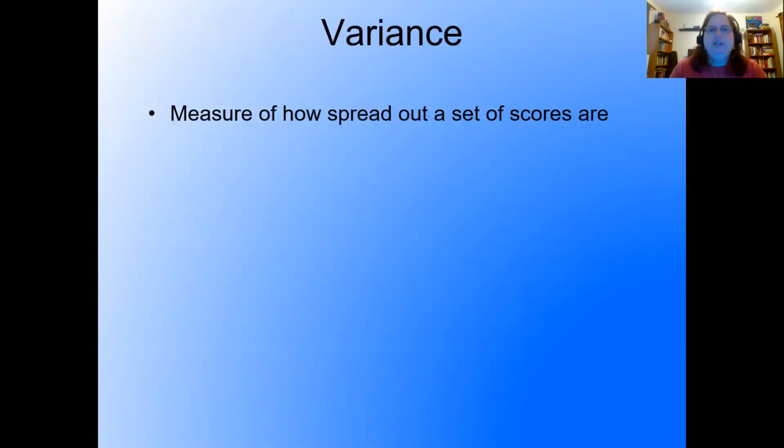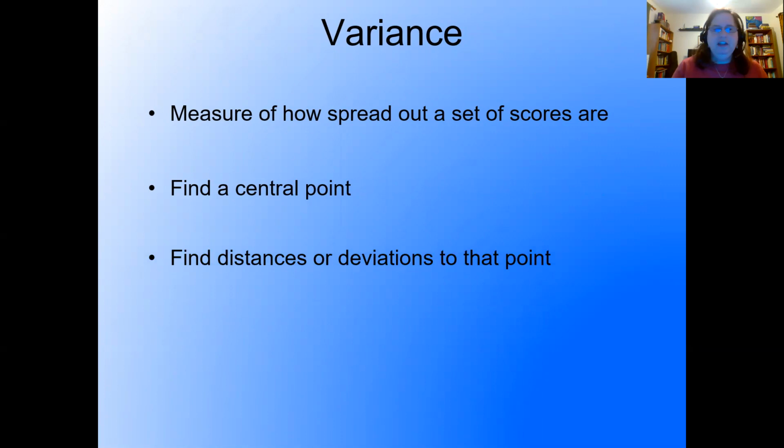So variance is the measure of how spread out a set of scores are. It's a measure of variability. It's going to tell us about spread. So basically the idea is you find a central point. You find the distances or deviations to that point.